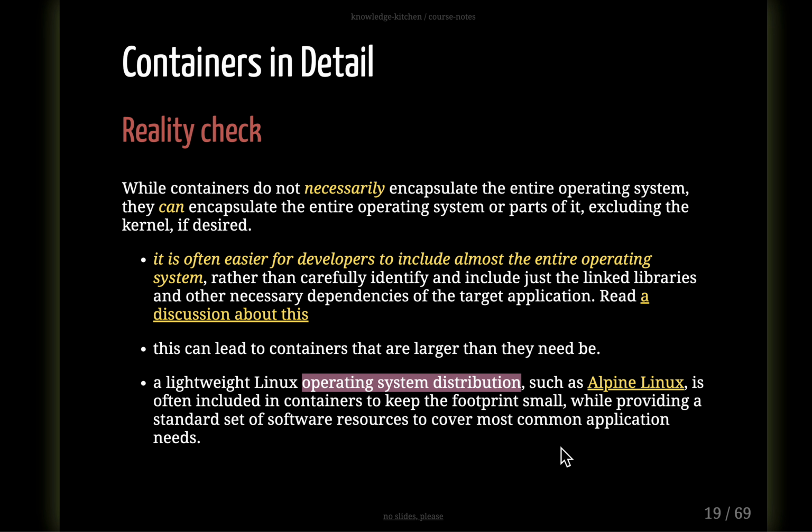And then we don't have to figure out all the specific dependencies for the application we're making. We have the whole operating system in there. So it saves us time and effort, and still we don't have a large footprint because this happens to be a very small footprint operating system. So that's how many containers do it in practice, when in theory, they don't have to have the operating system or much of it, and sometimes at all, any of it, in the container itself.